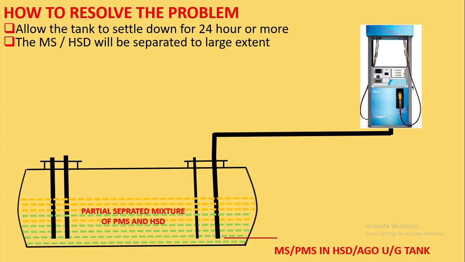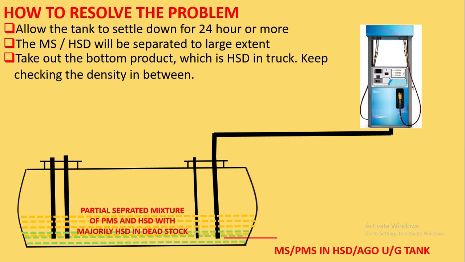Once you settle down the tank, you start your dispensing unit and take out the bottom portion of the HSD. As you can see here, they took out the bottom portion of the HSD into one truck, and while taking it out, keep checking the density, whether it is in the HSD range or going below.